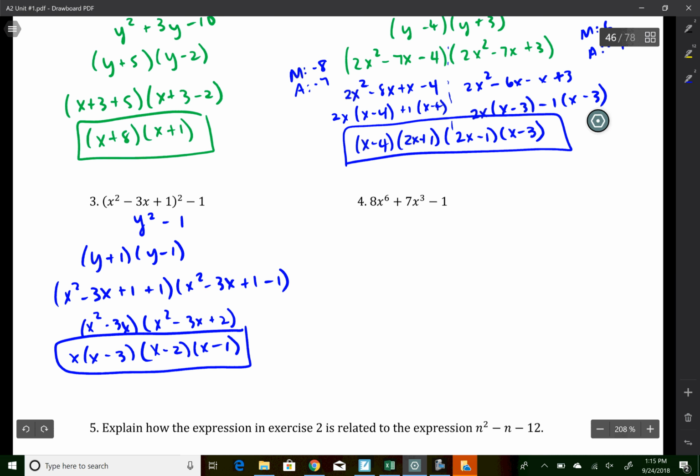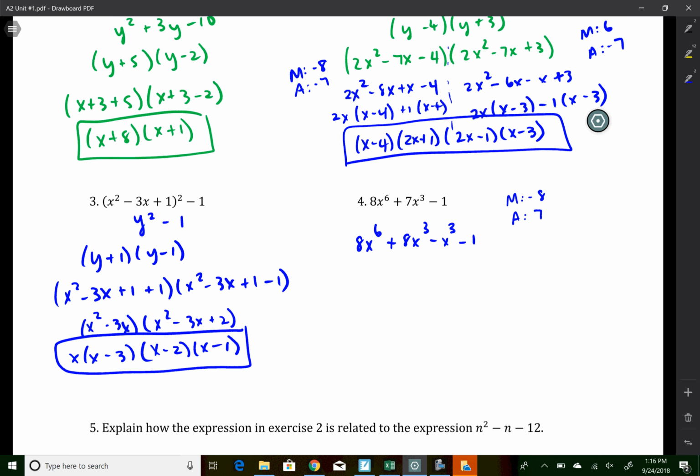For number 4, we're using the AC method here. So it multiplies to make negative 8, but adds to make positive 7. So that 8x to the 6th is going to stay. I want to make a positive 8x cubed and a negative x cubed so that I can get that negative 8 and a positive 7.